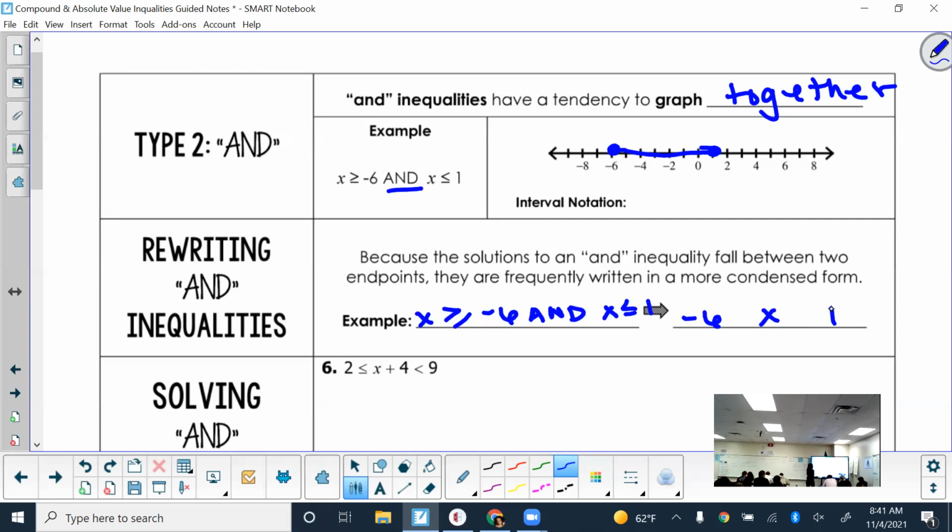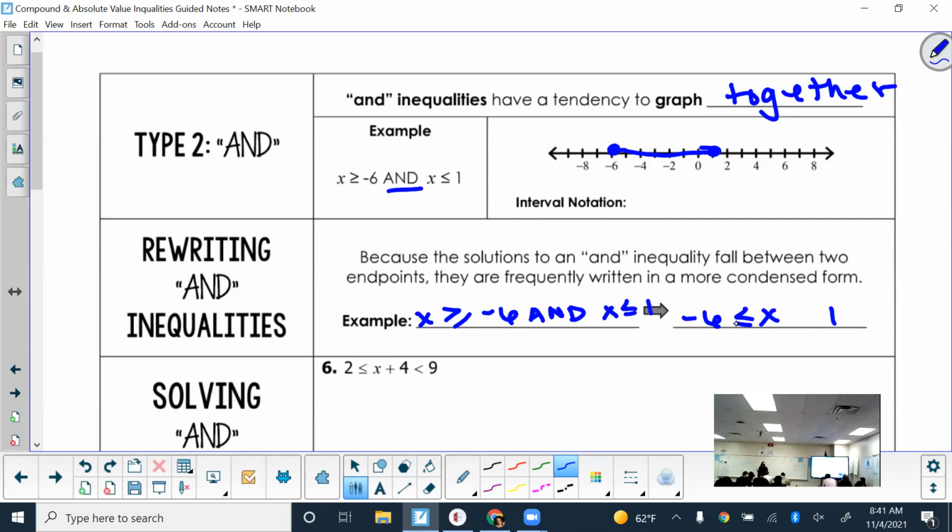So between x and -6, which one's the bigger number? No, between x and -6, which is bigger, x or -6? X. So the opening should still face the x over here.